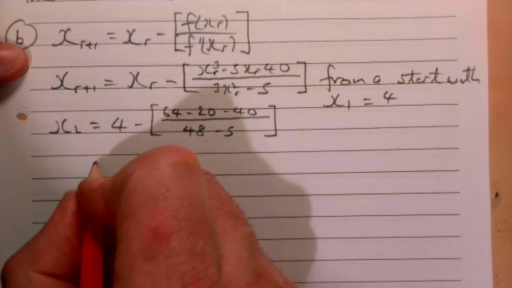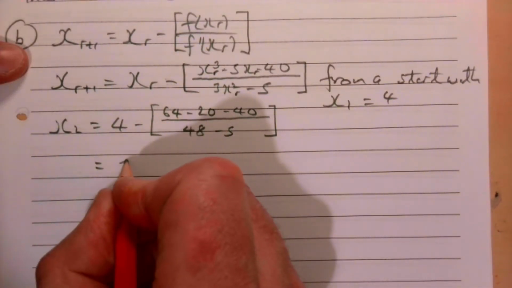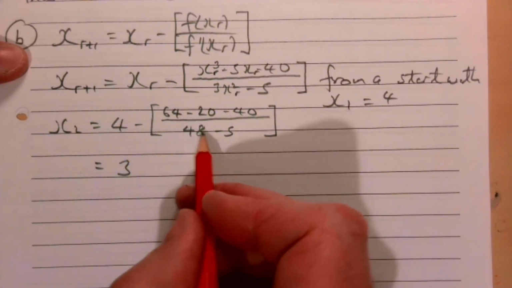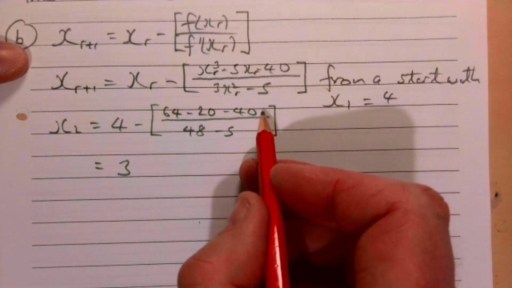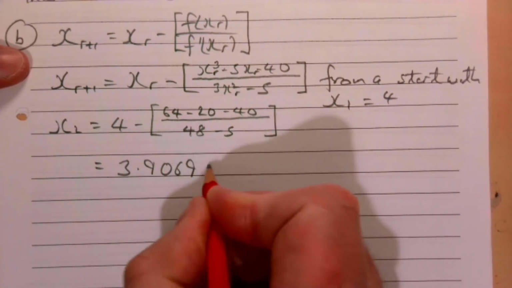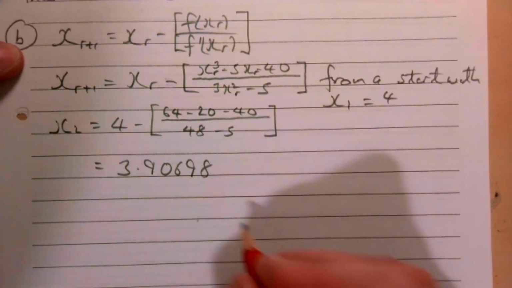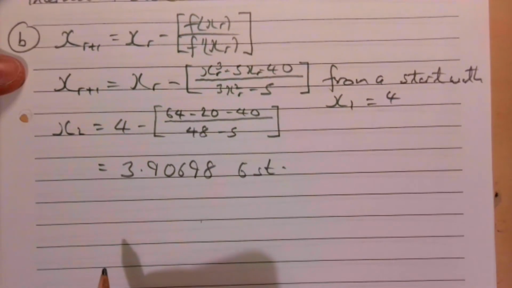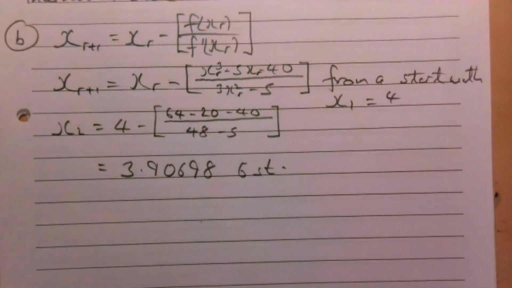Take my word for it, you stick this in the calculator and you get 4 take away 4 over 43, so it's 3.90698. That is to 6 significant figures. So I've worked out my x2, and I'm now going to work out my x3.